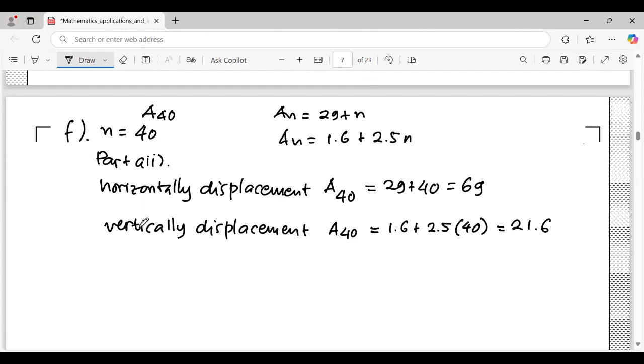So we can state that the coordinate point of the seat is 69, 21.6, that is x, y, horizontally, vertically.